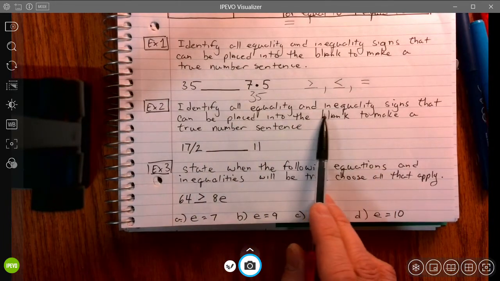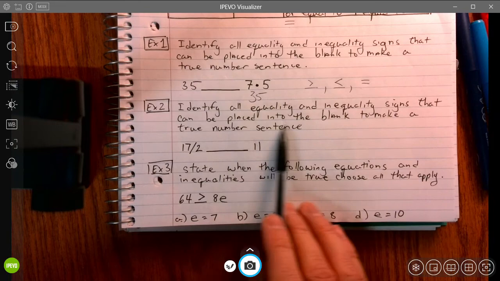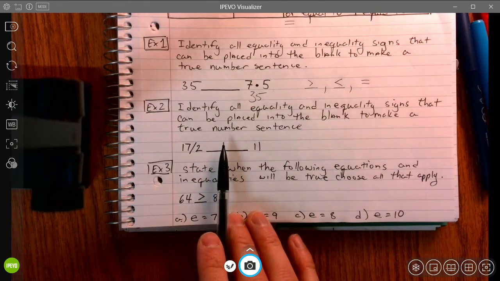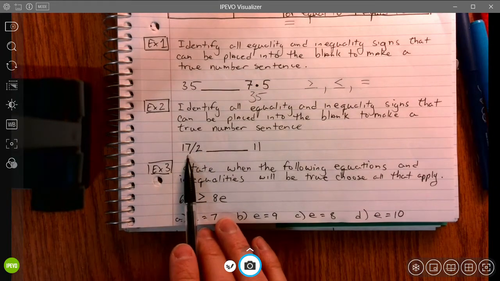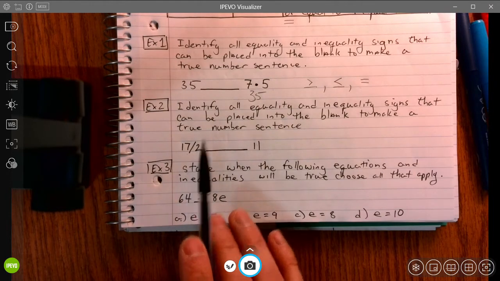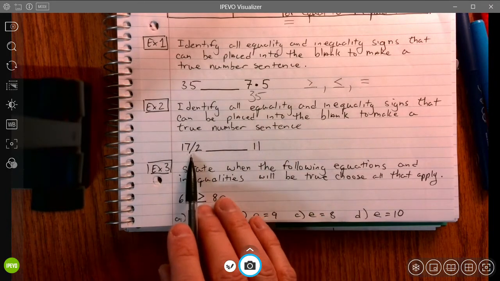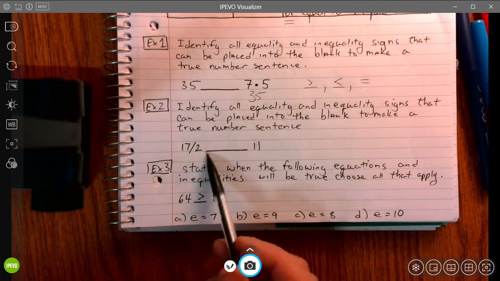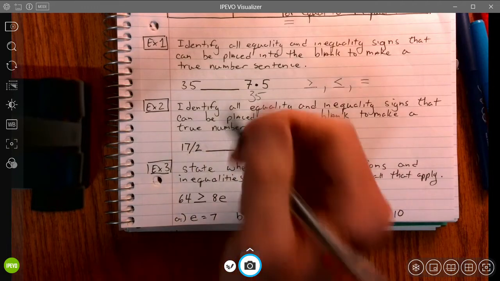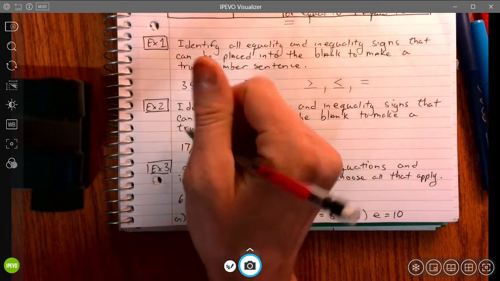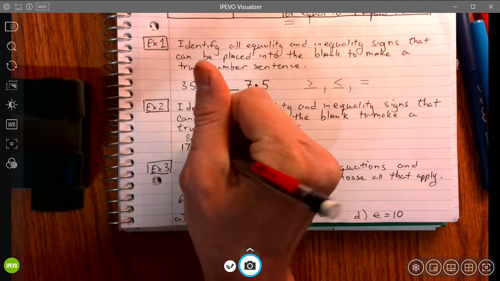Identify all equality and inequality signs that can be placed into the blank to make a true number sentence. On the left, I have 17 halves, 17 over 2, and on the right I have 11. If I want to simplify this expression, that's 17 divided by 2, and 17 divided by 2 is 8.5.